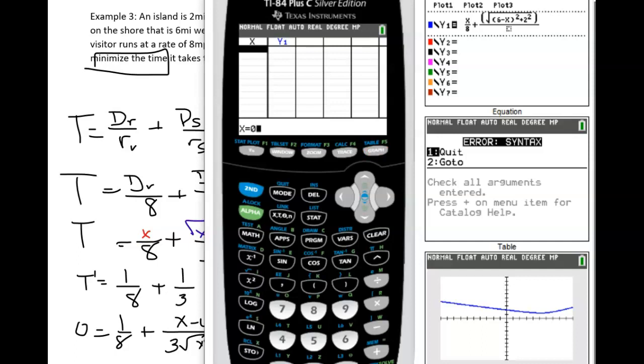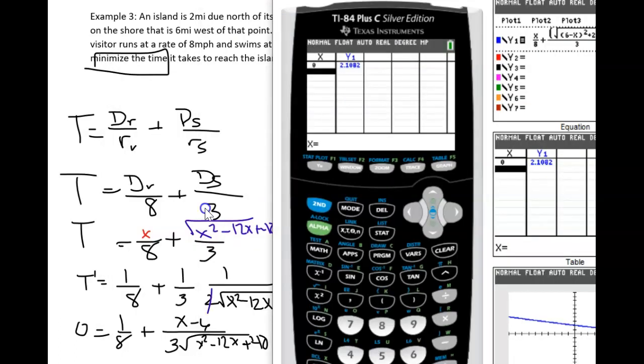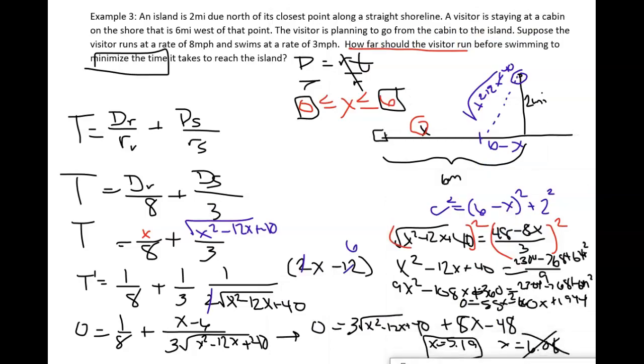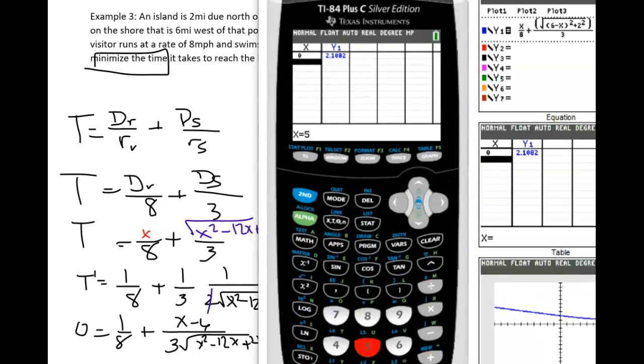So I can run 0 miles along the beach and swim the whole way, and it'll take me about 2.1 hours. I can go 5.19 along the beach, and that's less than a mile of swimming, so that's shorter.